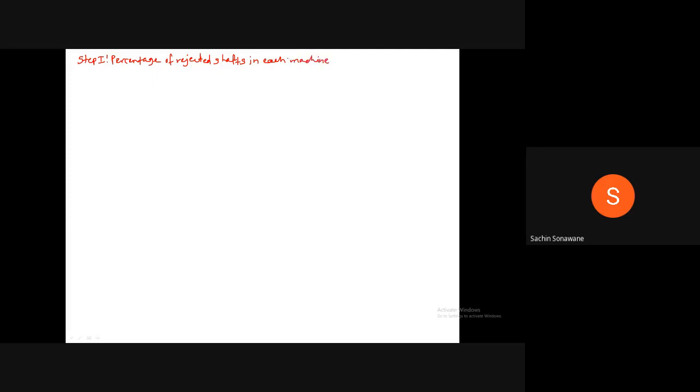Therefore, first of all, we have to find out the upper and lower limits. First of all, we will find out values of x1 and x2.